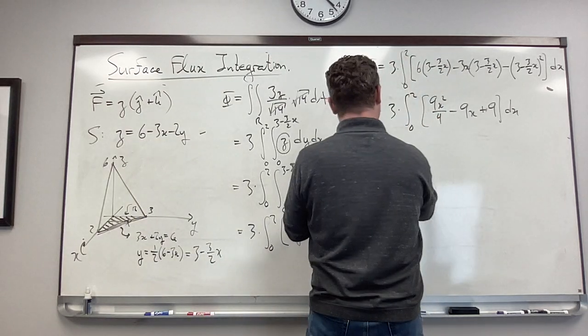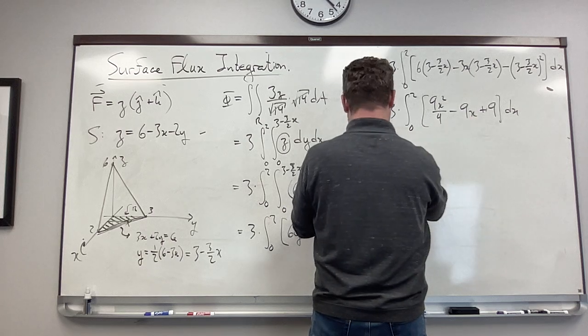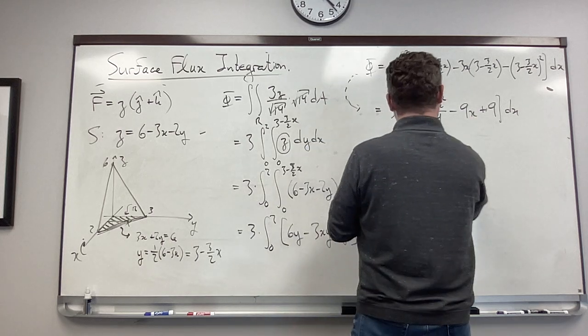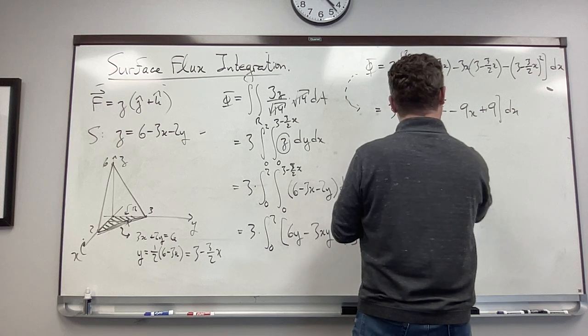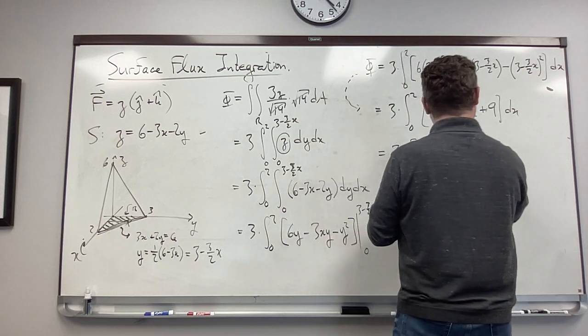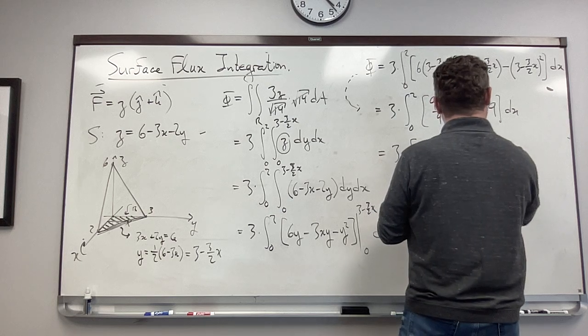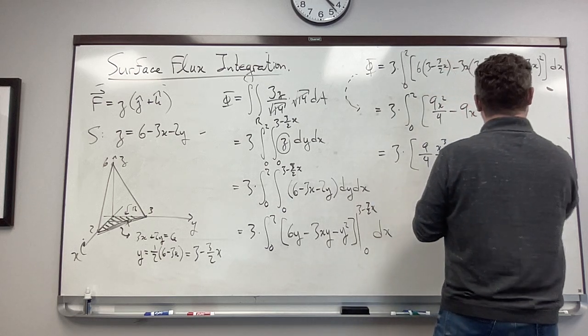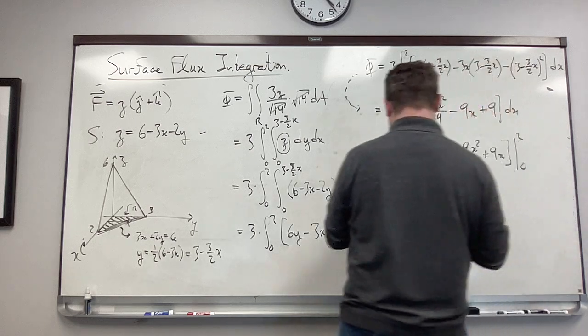And now we just integrate with respect to x. So we have 3, and then 9 over 4 x cubed over 3 minus 9x squared over 2 plus 9x, from 2 to 0.